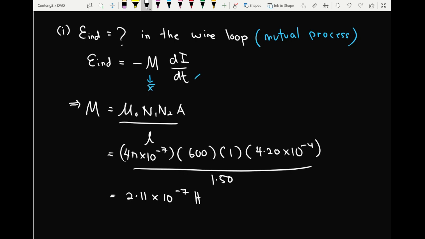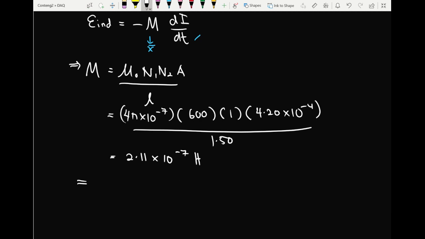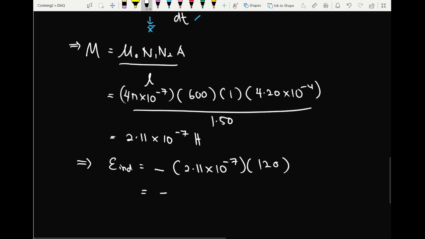After that, substitute in your first equation. So induced EMF equals negative, and the mutual is 2.11 times 10 to the power of -7, and the rate of change of current given is positive 120. Therefore, the value of induced EMF is negative 2.53 times 10 to the power of -5 volt.